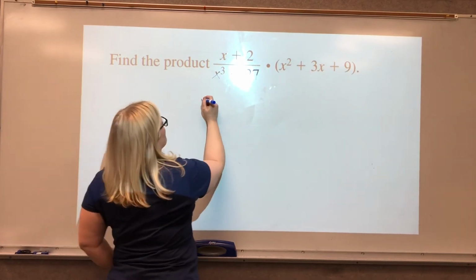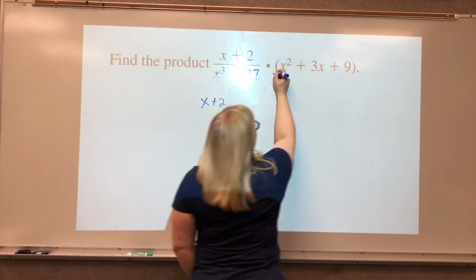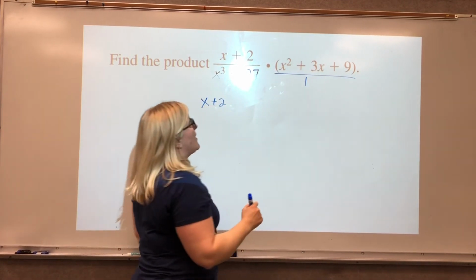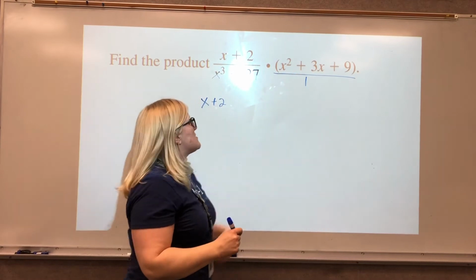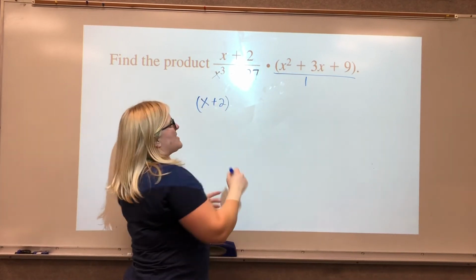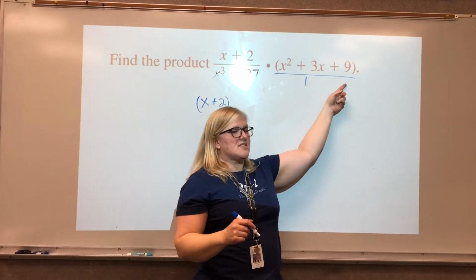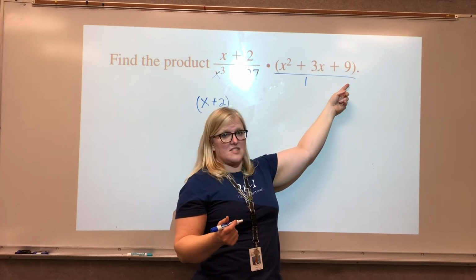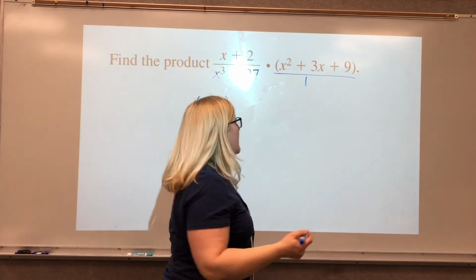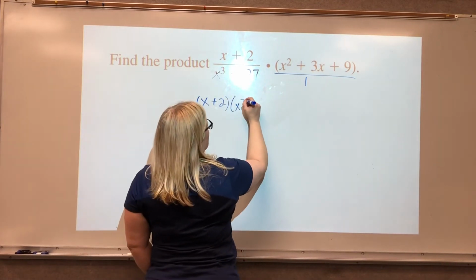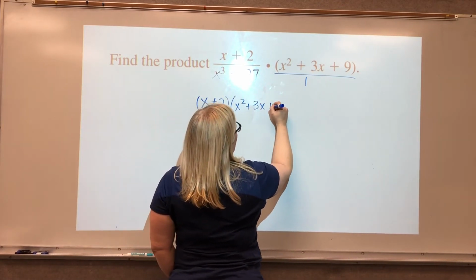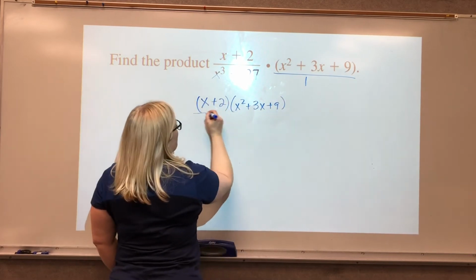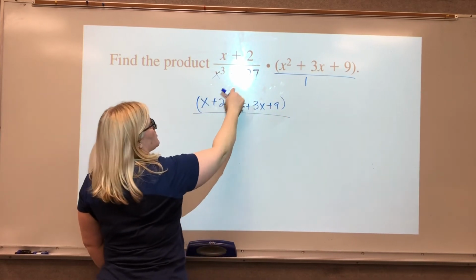So I'm going to factor this, and remember, this is over 1, so I'm going to multiply these. Is x squared plus 3x plus 9 factorable? No, there's nothing that multiplies to give me 9 that adds to give me 3, so that just stays. Okay, in the denominator, I got x cubed minus 27.